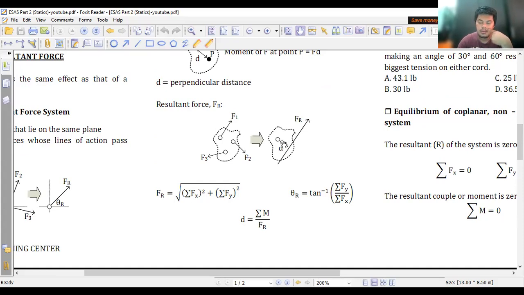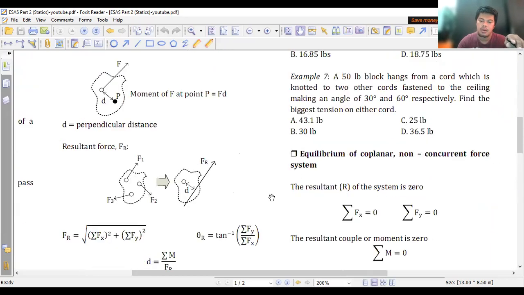So that is equal to the summation of moment divided by the magnitude of the resultant force. The same way we can calculate the resultant force, that's the square root of the summation of Fx to the power of 2 plus the summation of Fy to the power of 2.